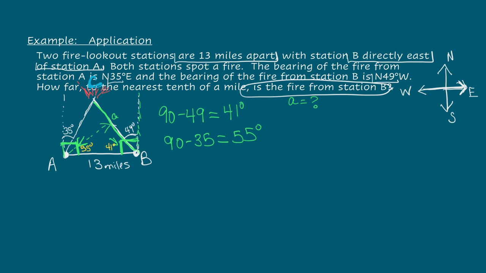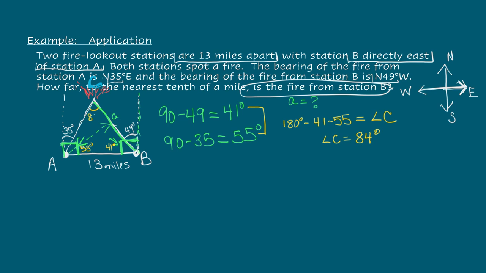So that means if I want to know angle C, all I need to do is subtract these two from 180, because remember, all three angles of a triangle add up to equal 180 degrees. So I would just need to say 180 degrees minus the 41 minus the 55 that I already know is going to equal angle C. So if I do that arithmetic, then that's going to tell me that angle C equals 84 degrees.